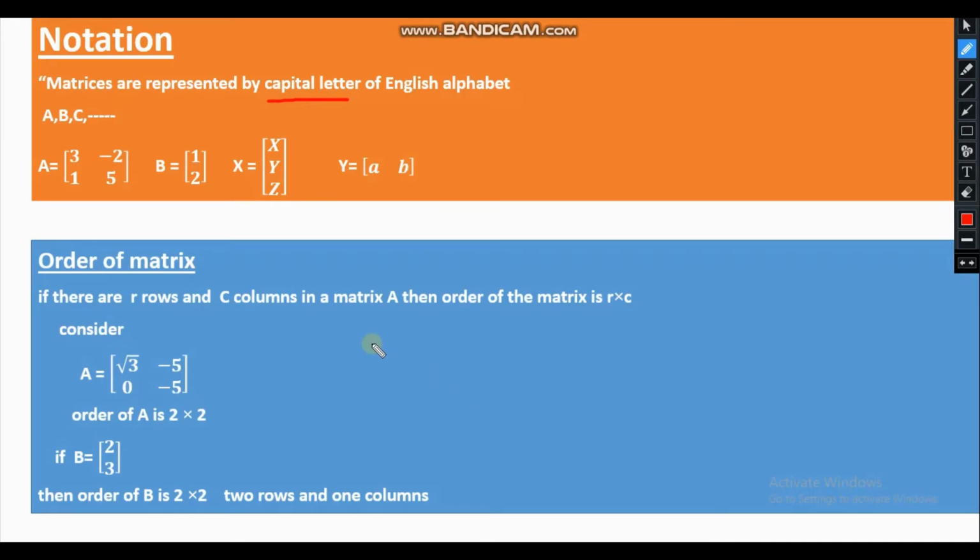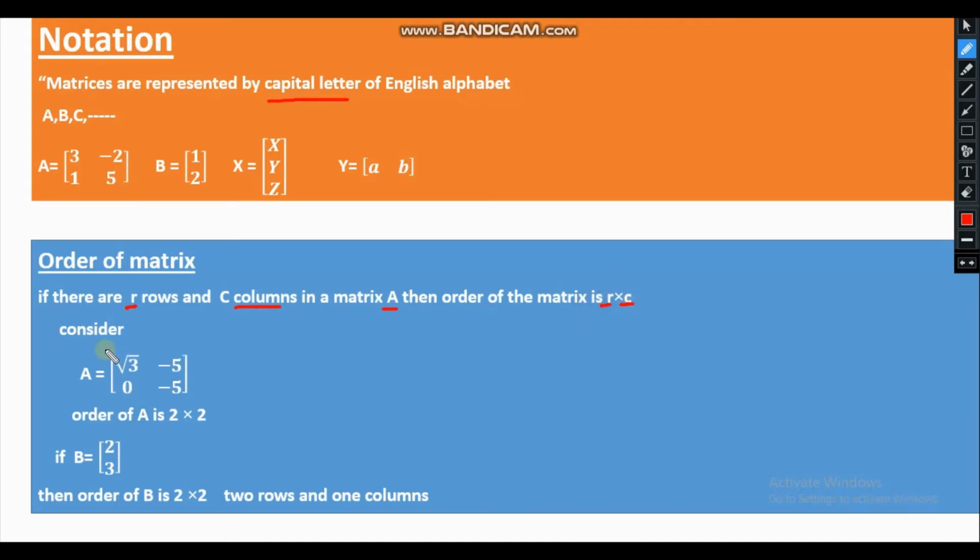Order of a matrix: if there are r rows and c columns, here r means rows and c means columns in the matrix. If A is a matrix, then the order of the matrix is r cross c, meaning r rows and c columns.